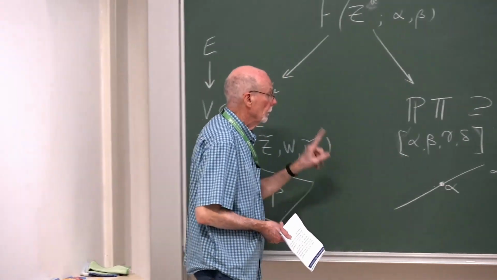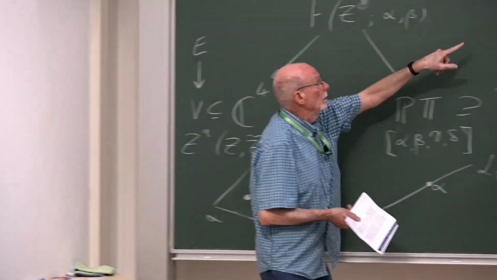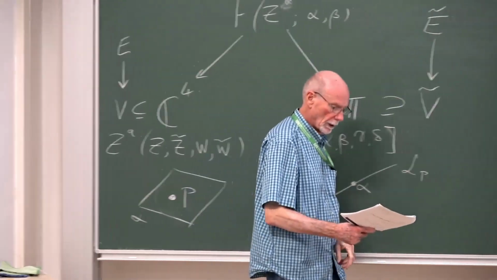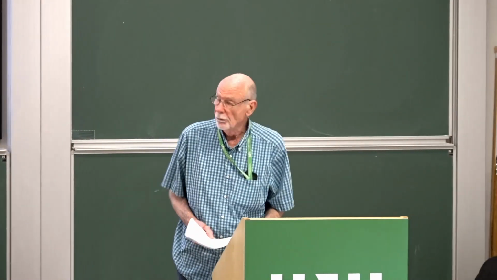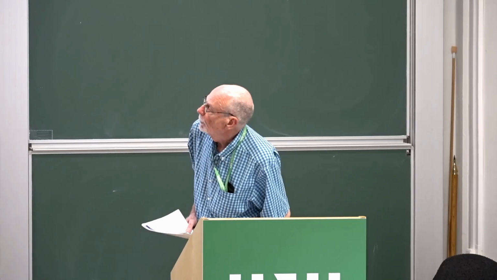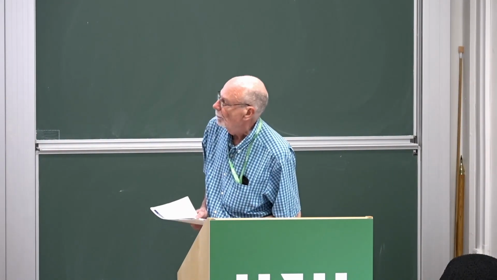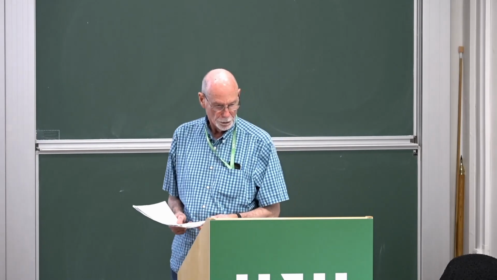So the bundle that you get from E, namely the E tilde, is going to be trivial on lines, and that's the key bit behind Richard Ward's construction that says don't talk about the Yang-Mills bundle on space-time, talk about the corresponding bundle on the twistor space.